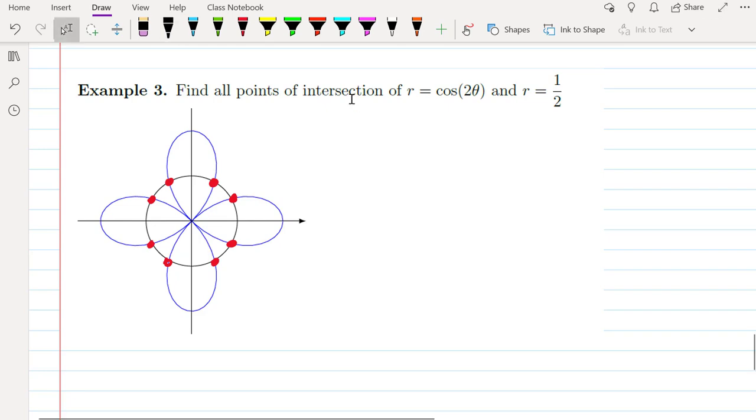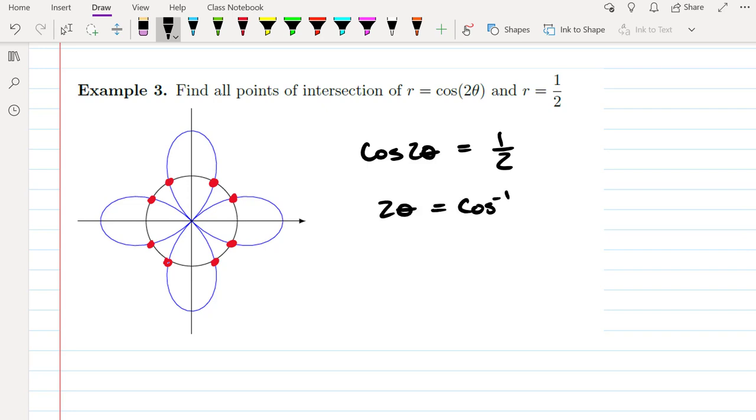All right, so let's go ahead and do this. So we set our two curves equal to each other. So we have cosine 2 theta is equal to 1/2. And we take the inverse cosine of both sides. So we get 2 theta is equal to the inverse cosine of 1/2.